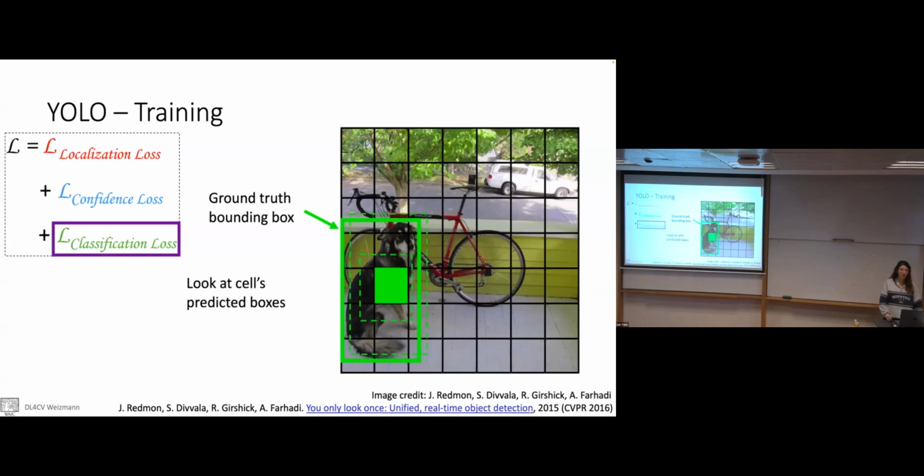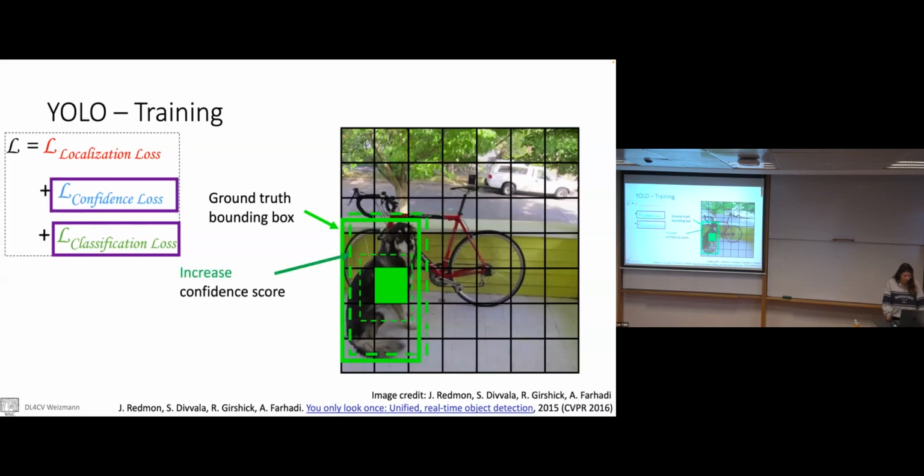Now, as I said, each cell is going to predict 2 bounding boxes. So we look at the cell's predicted boxes, which you see in these stripes. These are the 2 predicted boxes. If one bounding box has the bigger intersection over union with the ground truth, we're going to both increase its confidence and adjust the localization loss according to this bounding box.